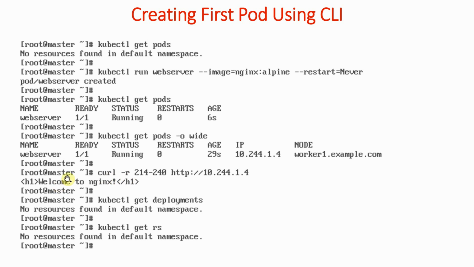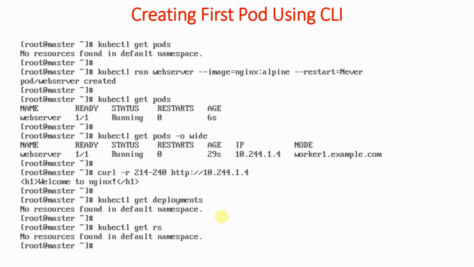Now we want to check node to pod communication, or host to pod, so curl, which is running on our master VM, and we want it to display 214 to 240 bytes, and the address, it is showing us the page.